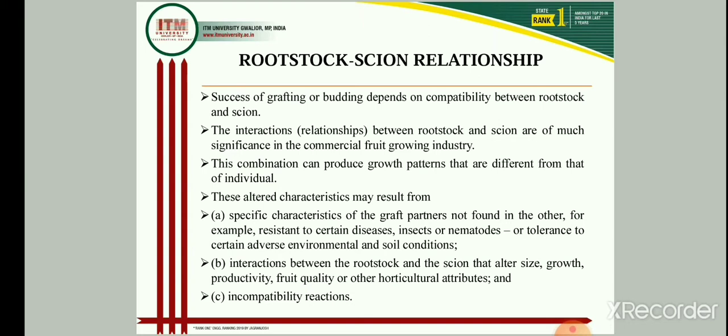So the cultivars with good commercial value are generally selected for grafting and budding purposes.